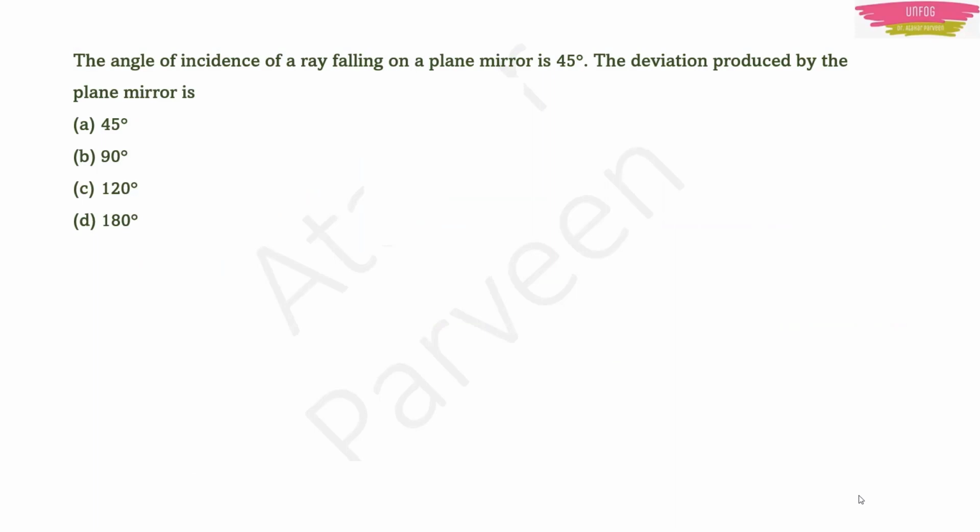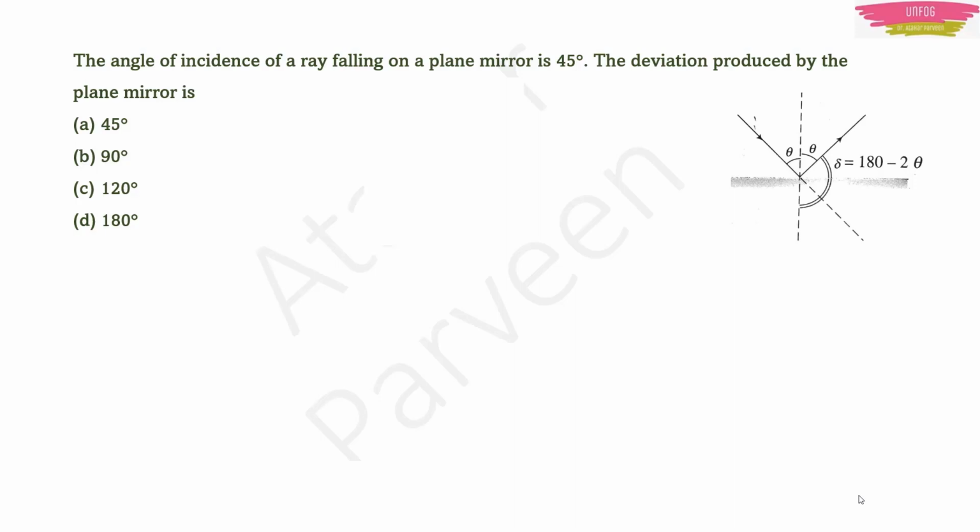The angle of incidence of a ray falling on a plane mirror is 45 degree. The deviation produced by the plane mirror is, see here, theta. The theta is given as 45 degree. We know that the angle of deviation is equal to 180 minus 2 theta, isn't it? Here, angle of incidence is given. That means theta is given, which is equal to 45 degree.